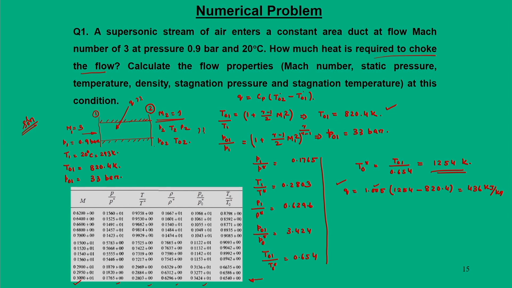The next, once we know this, we know all the parameters P1, T1, T naught 1 and P naught 1.